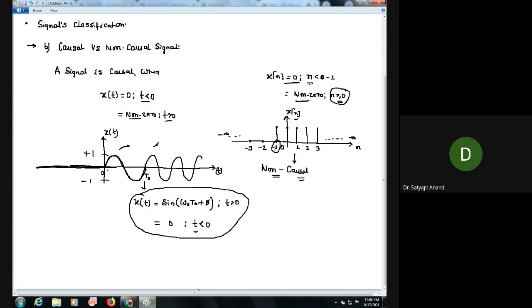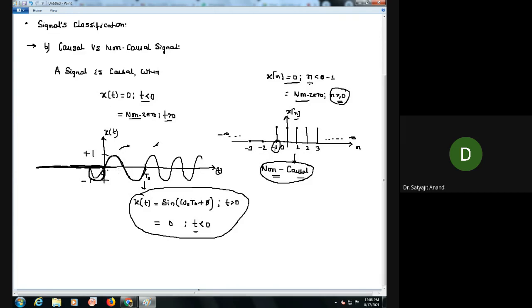When for negative time we see any non-zero sample, then we can say that the signal is non-causal. In the same way, suppose we have this kind of shape, something like that, and then after this we have a 0. Then while seeing this portion for the negative range of time, we have some non-zero magnitude.